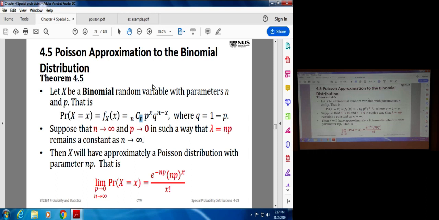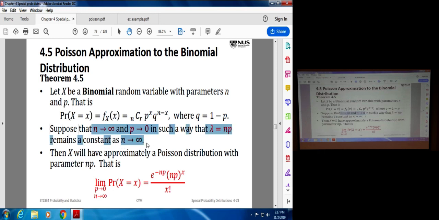Okay, and now we suppose the following. Suppose that we take the number of trials to infinity and the success probability to 0, but in such a way that lambda equals np is constant. So you can take n to infinity and you can take p to 0 at the rate 1 upon n, so np is 1, okay, but n goes to infinity and p goes to 0, as an example of what this statement means.